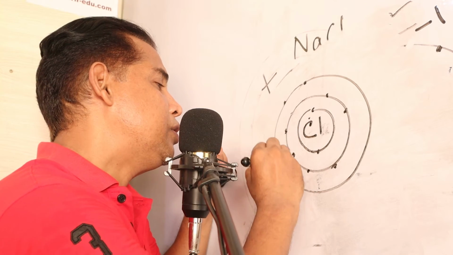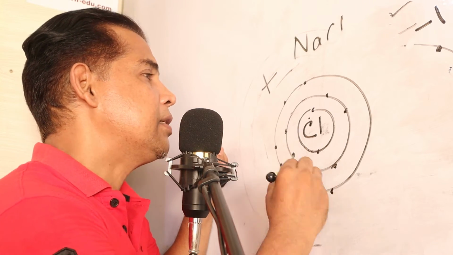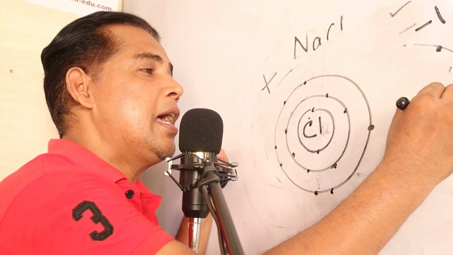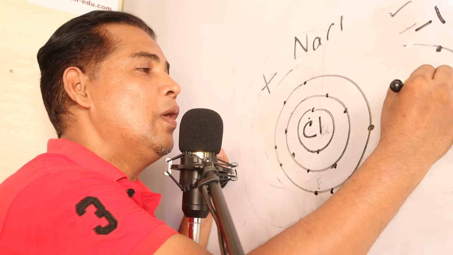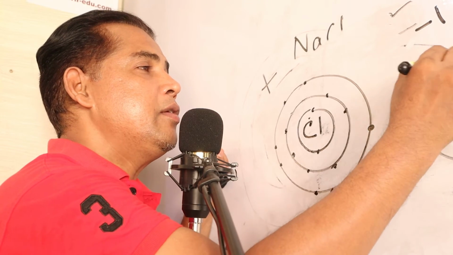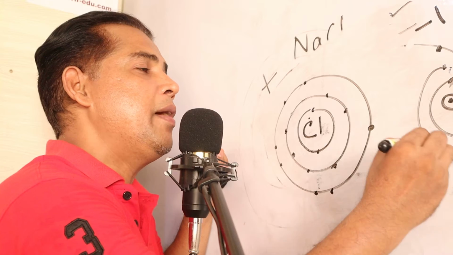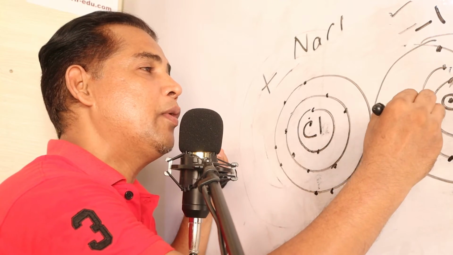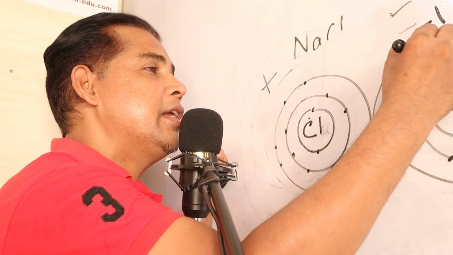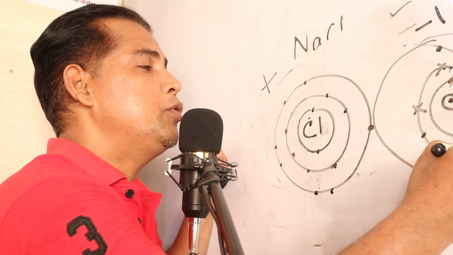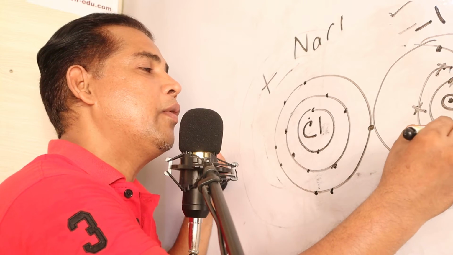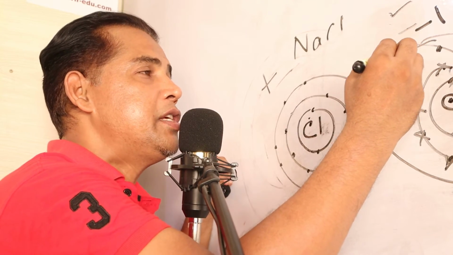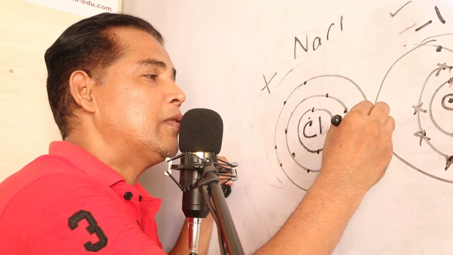Again, chlorine on this side: this is 2, this is 8, 1, 2, 3, 4, 5, 6, 7, and the last one is 1. But that should be a cross for understanding, this is a different matter. Why would dot and cross be used? For showing the difference.